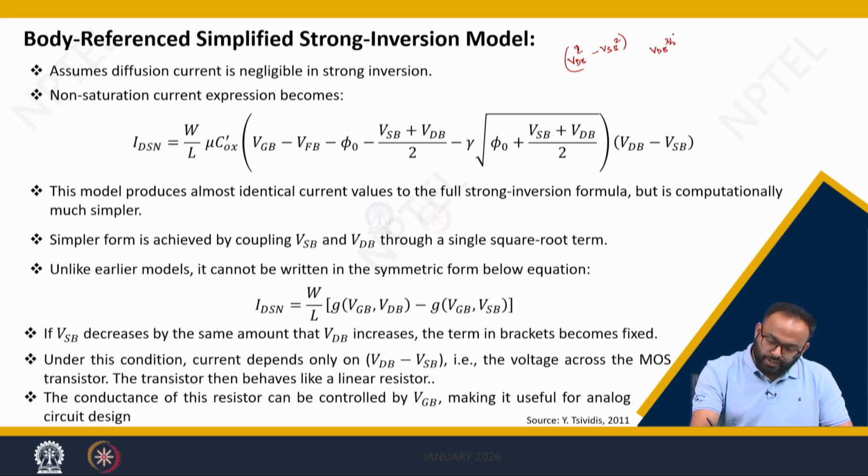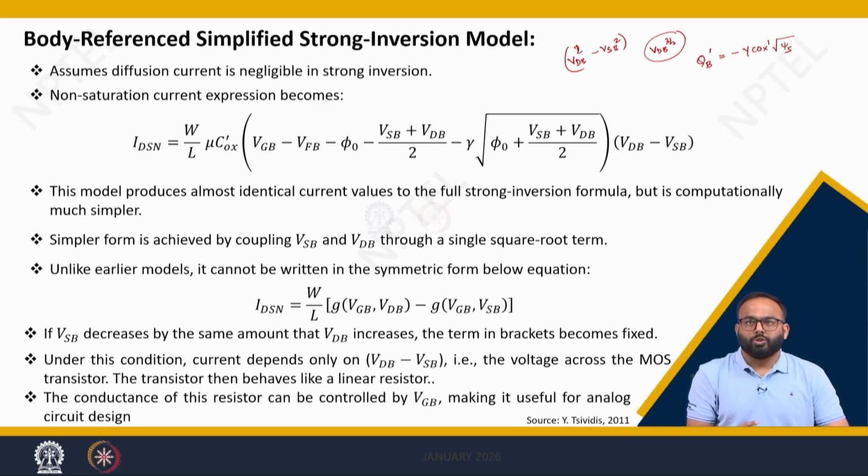In the previous analysis we said that the terms of 1 by 2 and 3 by 2 are coming because of bulk charge, which was given by minus gamma Cox dash square root of psi s. So to avoid this complication, we said that we'll go for linearization, linearization around a point which we termed as the expansion point.